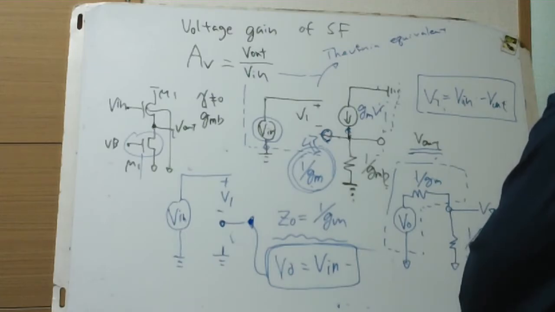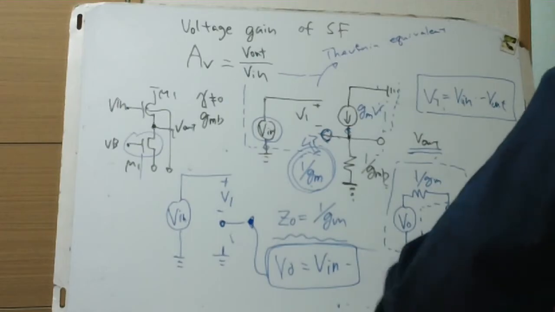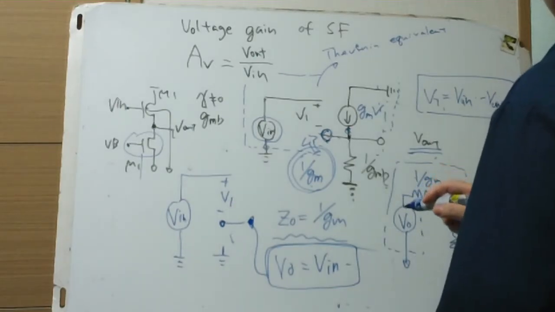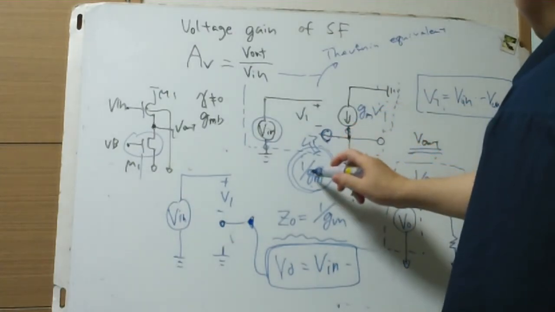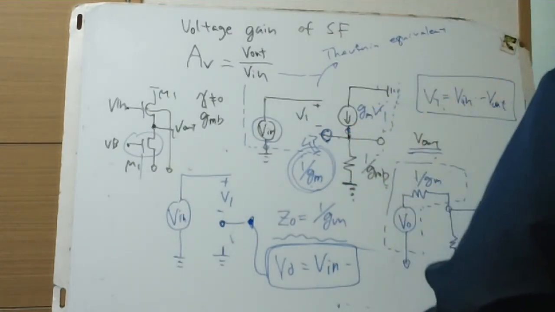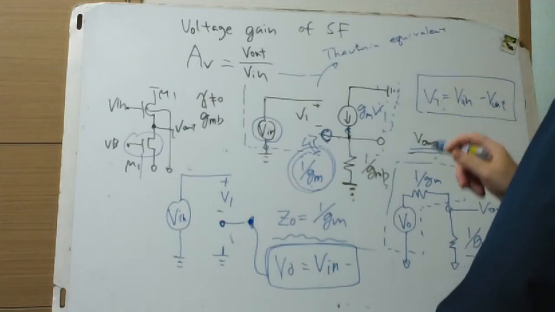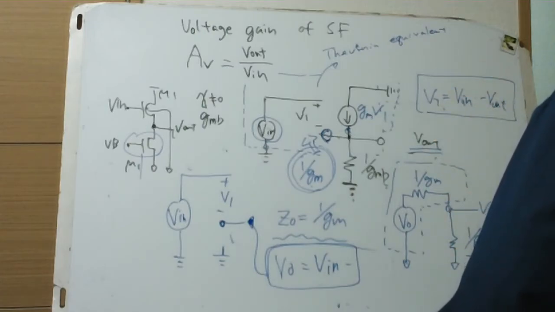One over GM. Why? 1 over G. This and this and this and this is mixtured, wrongly mixtured or not.